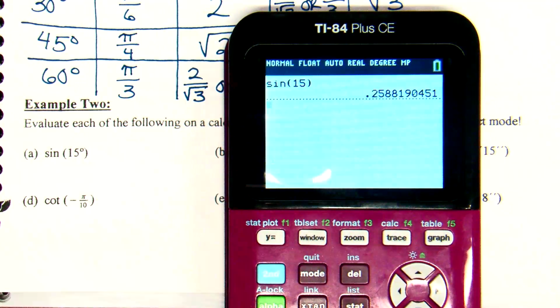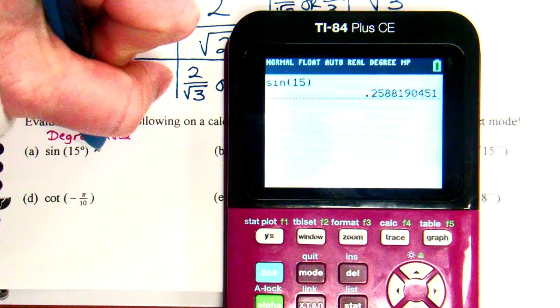Okay? So in this particular problem, because there was a degree bubble, we needed to be in degree mode. And if I give this answer with 3 decimal places, 0.259 is what I'm going to say.